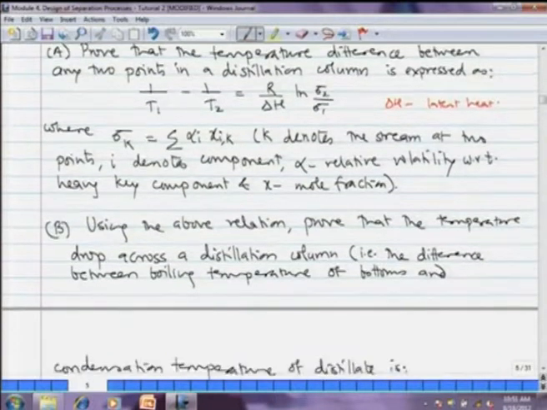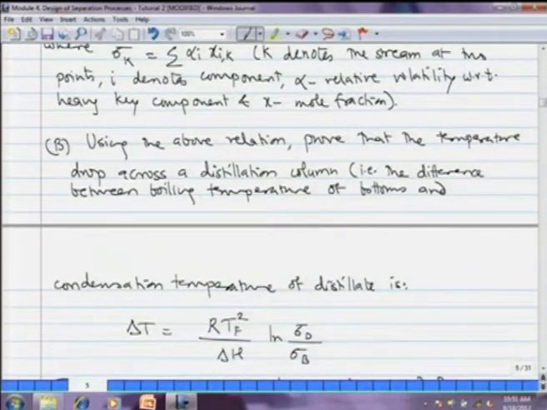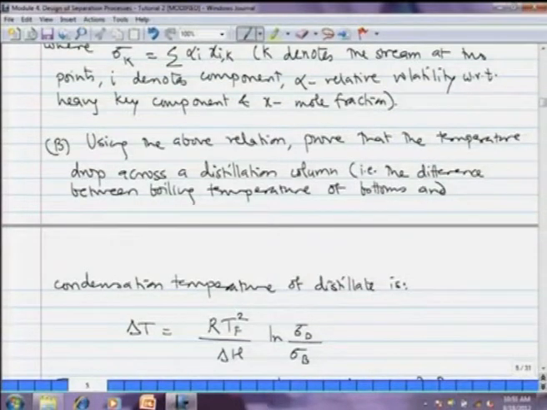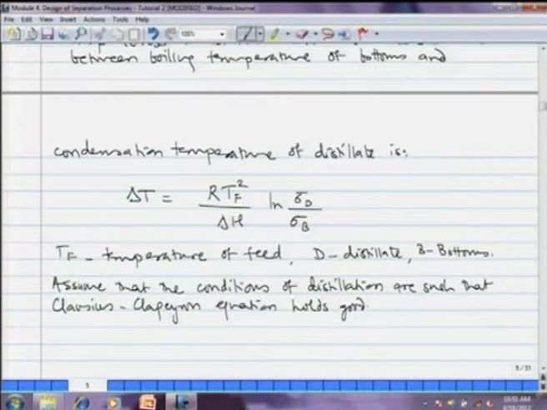The second bit is about applying the same relation to the extreme sections of the column like reboiler and condenser, and then we have to determine the temperature drop across a distillation column, that is the difference between boiling temperature of the bottom and condensation temperature of the distillate, and that we have to prove as delta T equal to R into Tf square divided by delta H into ln sigma D by sigma B. Sigma is again a variable defined previously in terms of relative volatility and mole fraction xi.